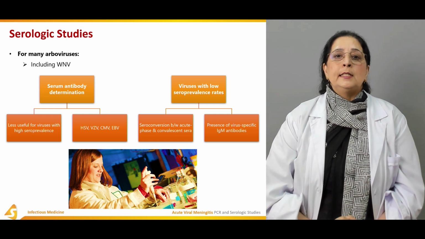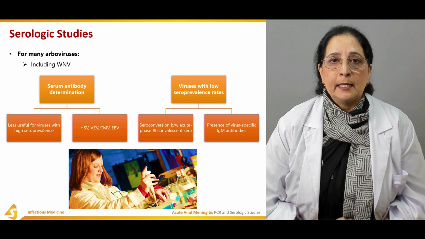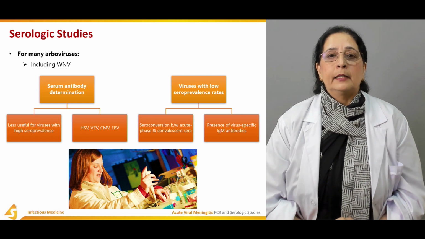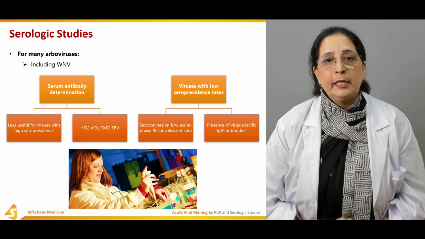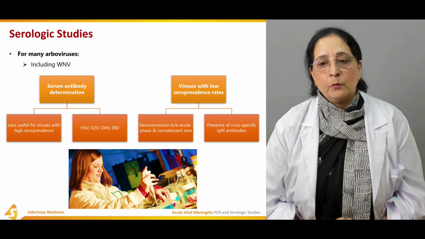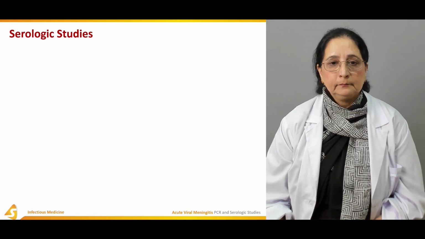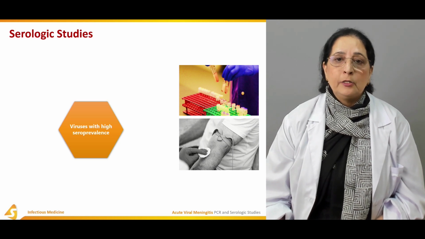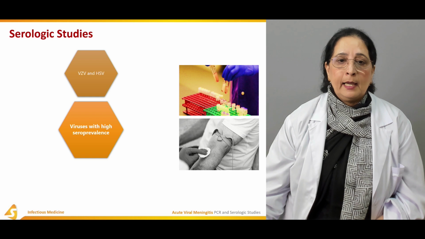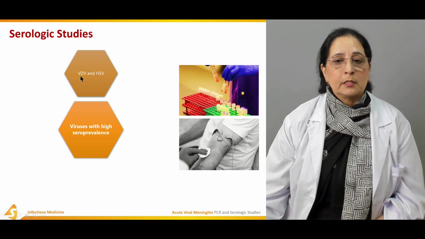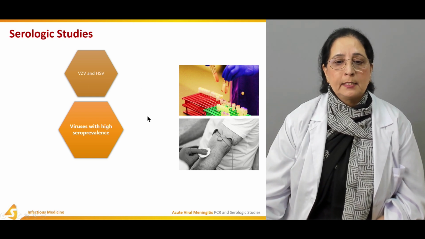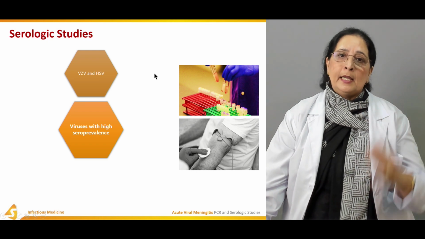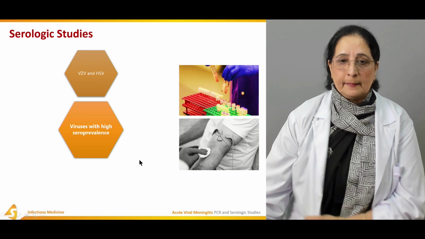And antibodies detected in the serum give the idea about the infection caused by different viruses. Viruses with high seroprevalence: we have varicella-zoster virus and herpes simplex virus. They have very high seroprevalence.